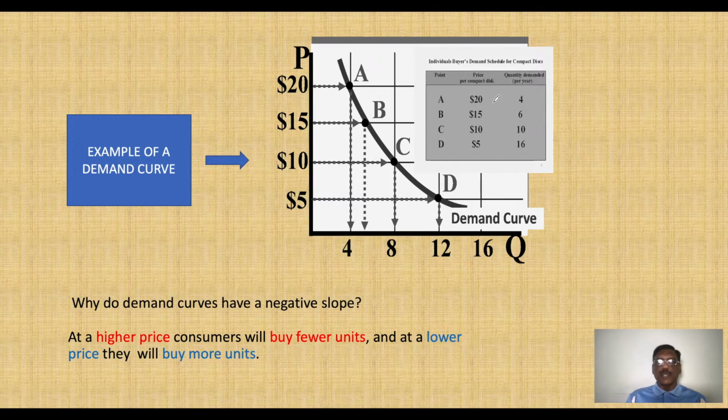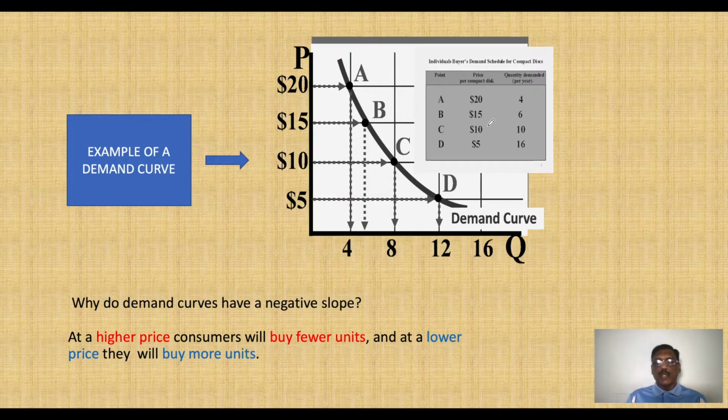Now, as you can see from this schedule, when the price is 20 ringgit, the total quantity demanded in the market is 4 units. When the price goes down to 15 ringgit or $15, the quantity demanded in the entire market, which could be 2 persons, 3 persons, 4 persons, as many persons in a market that we define, in our example, we just say 6.